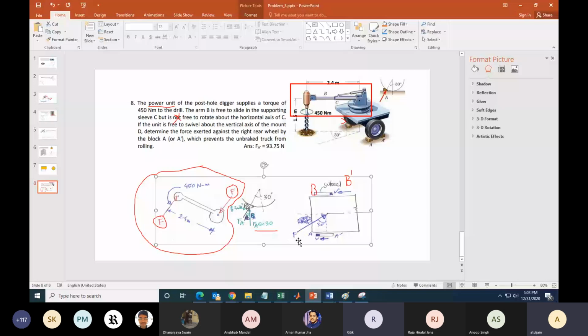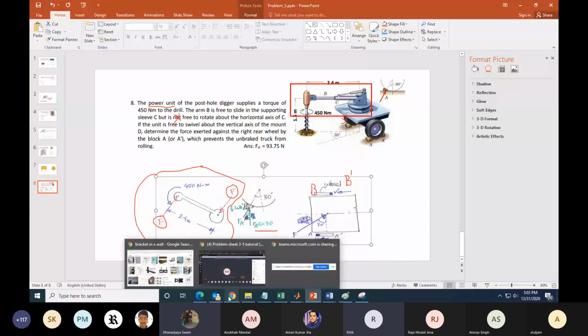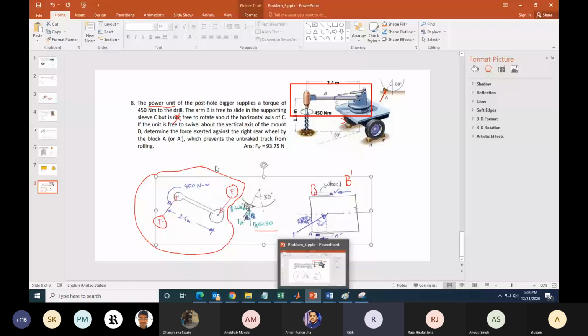In the soil, a 450 Newton meter torque was applied. Counter to that, you got a 450 Newton meter. Now, let us draw the free body diagram of the drill bit. No, sir. At that point, we applied 450 Newton meter externally, right? Then why don't we show the force on the soil?